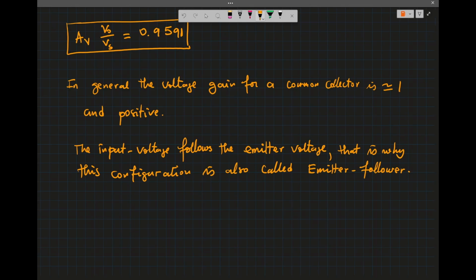But what I want you to take away here is that the sign of the gain is positive. The voltage gain AV is positive. So the amplifier does not introduce any phase shift. And the output voltage follows the input voltage at the emitter.